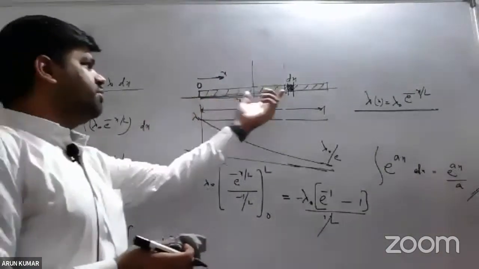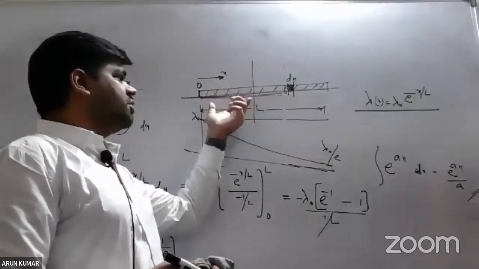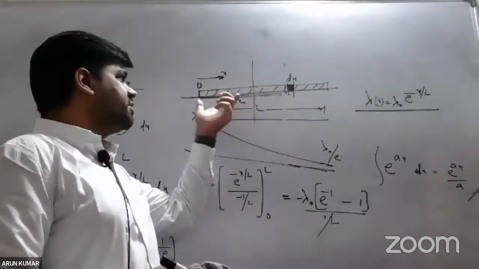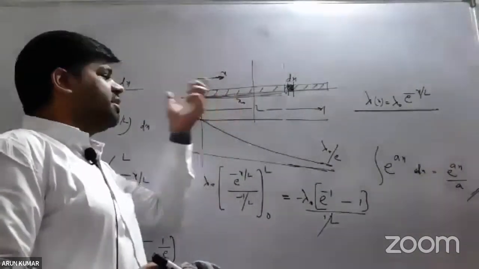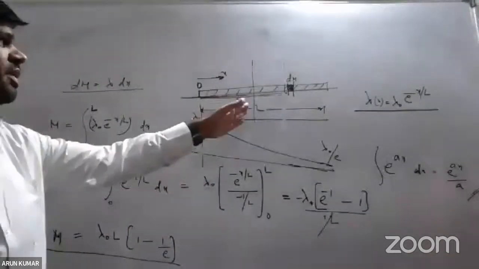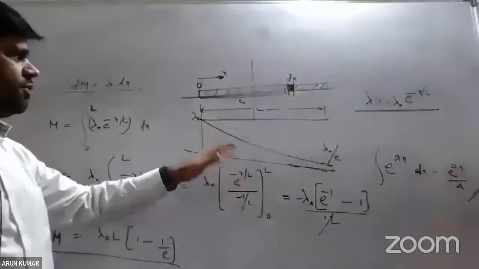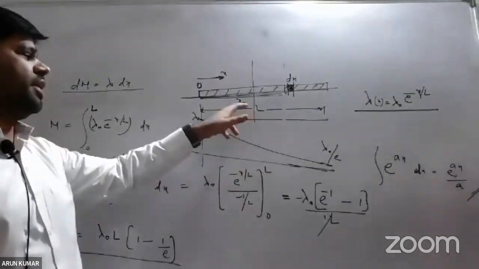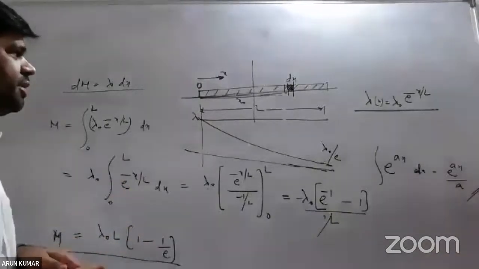That means this mass should be equal to this mass. This would be at L by 2 if lambda were constant. But because lambda is not constant, this part is thicker and denser, so this length should be less than L by 2. Common sense says so. So when we solve the whole problem, we should get x naught to be less than L by 2, right? That makes sense. So let's find out that x naught.